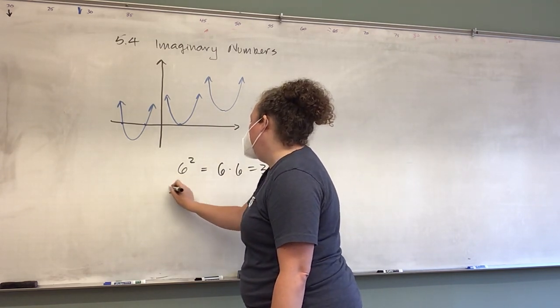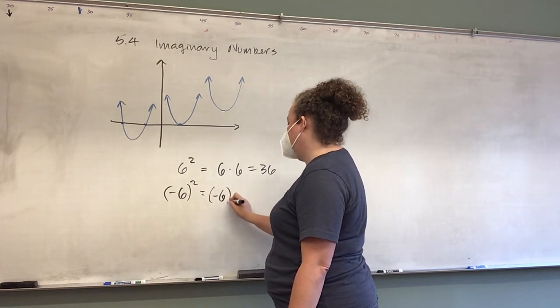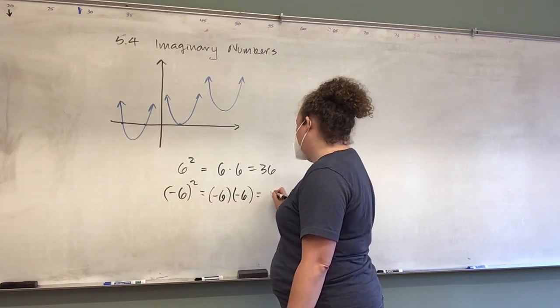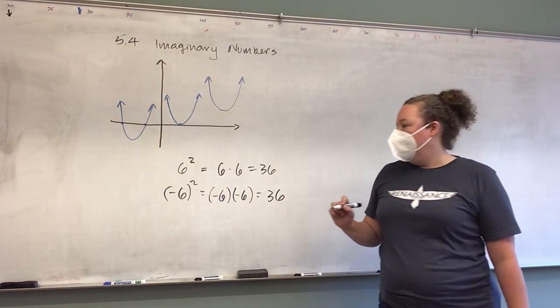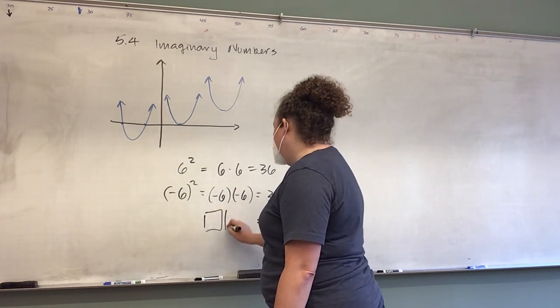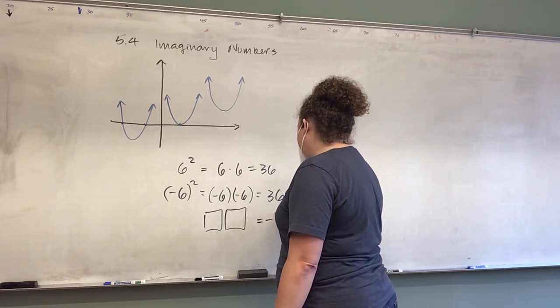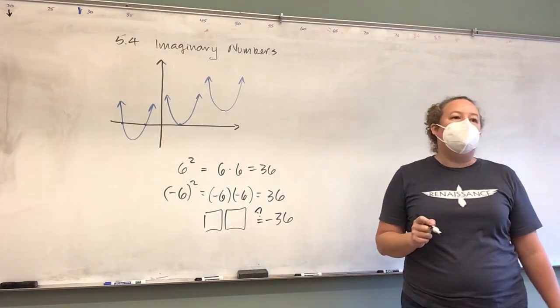If we square negative 6, in other words, we multiply negative 6 by negative 6, we also get positive 36. So the question arises: what number can be multiplied by itself to give us negative 36?